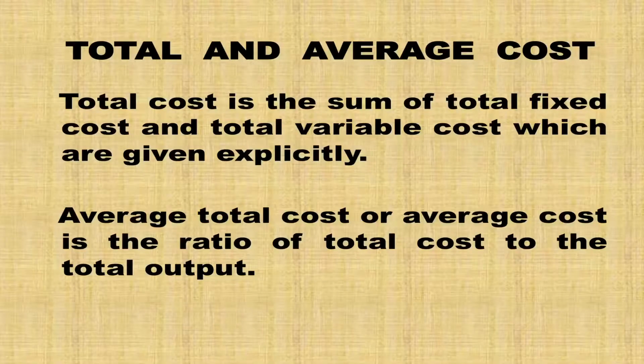Let us now go through the concepts of cost with the help of which we can measure various costs. These are total, average and marginal costs. Total cost is the sum of total fixed cost and total variable cost, which are given explicitly. Average total cost, or simply the average cost, is the ratio of total cost to the total output produced.